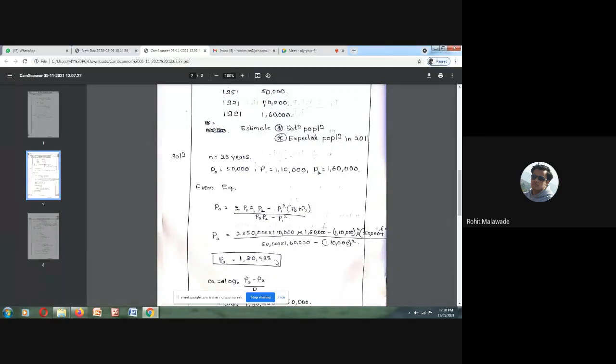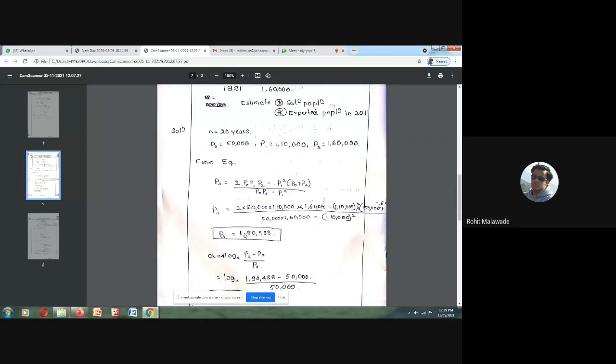Minus P1 square, that is 1,10,000 square, into P naught plus P2, divided by P naught, 50,000, into P2 minus P1 square. So we have got the saturation population as 1,90,488.